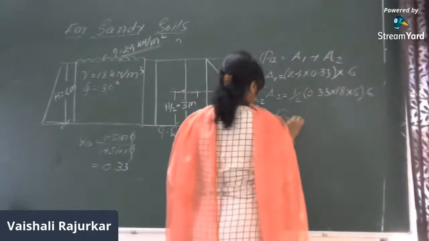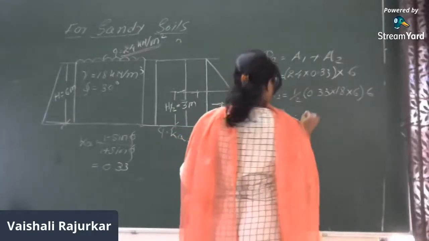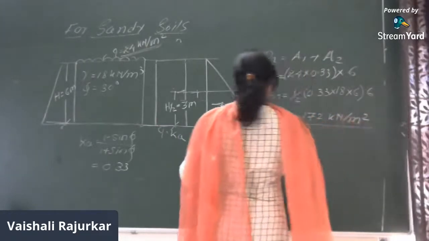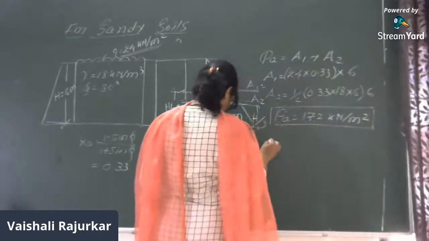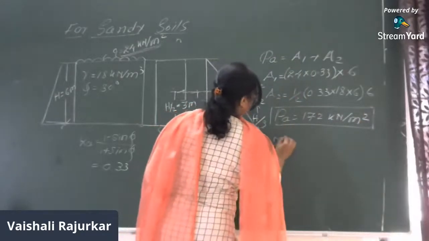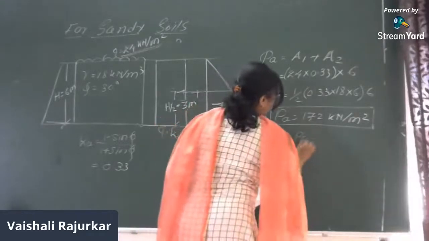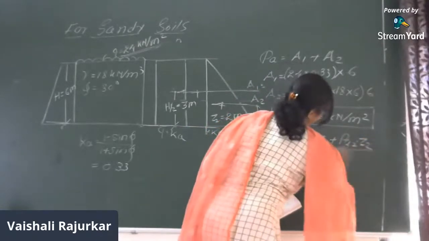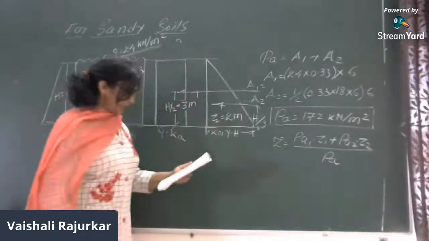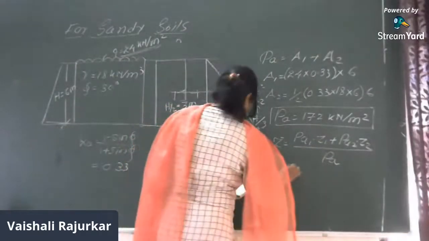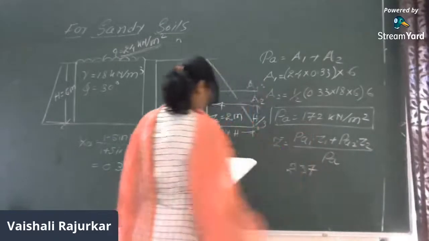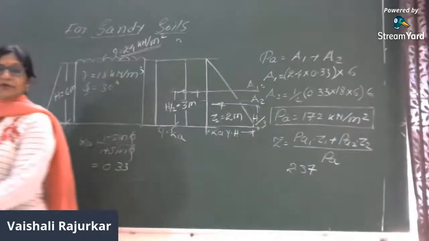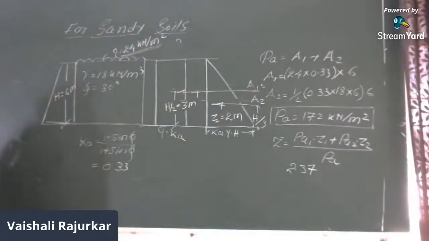So total PA is found to be 172 kilonewton per meter. And this will be acting at a distance of Z bar is equal to PA1 into Z1 plus PA2 into Z2 divided by total PA. Right? So here this is found to be 2.37 distance. Right? So this is the way, when the problems are given for the sandy soil, it may be asked like this. Right?